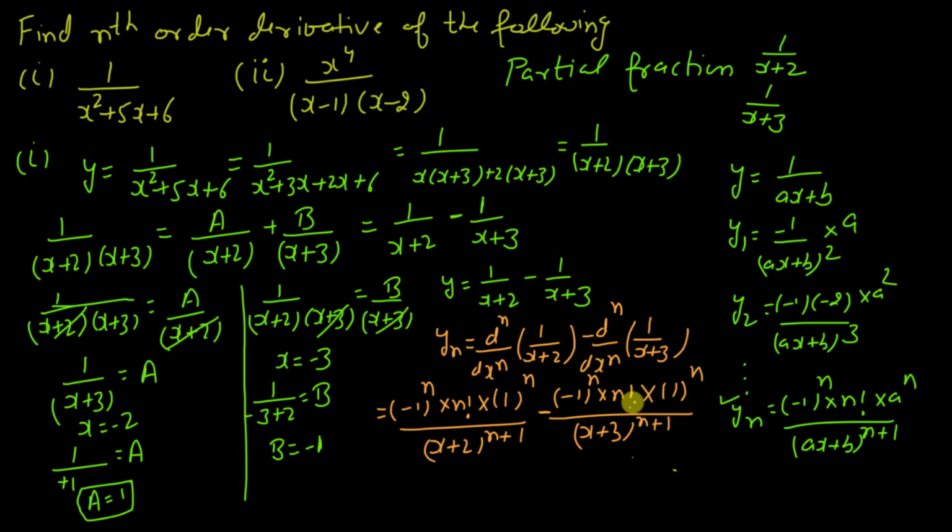So both are common: minus 1 raised to the power n into n factorial, times 1 by x plus 2 raised to the power n plus 1 minus 1 by x plus 3 raised to the power n plus 1.